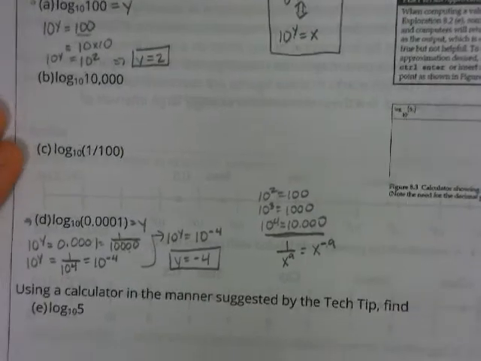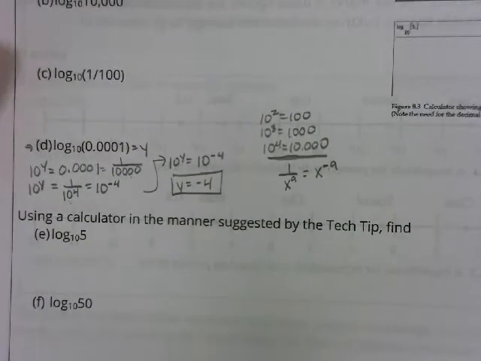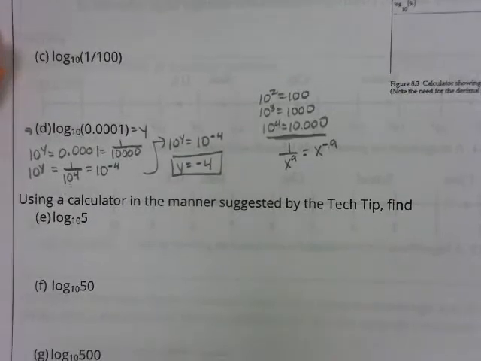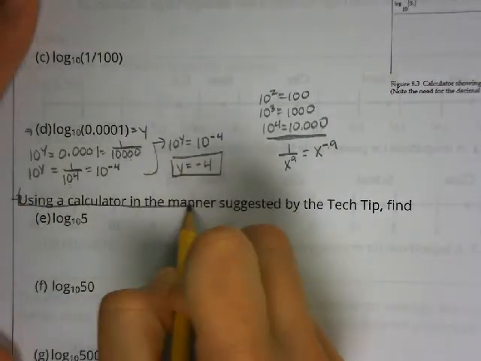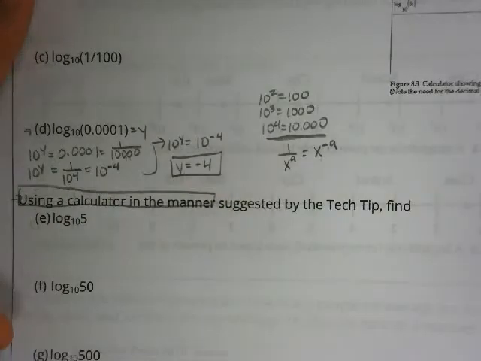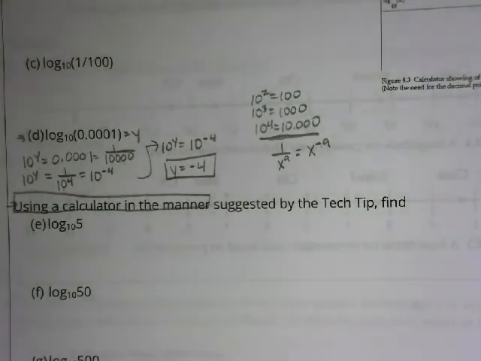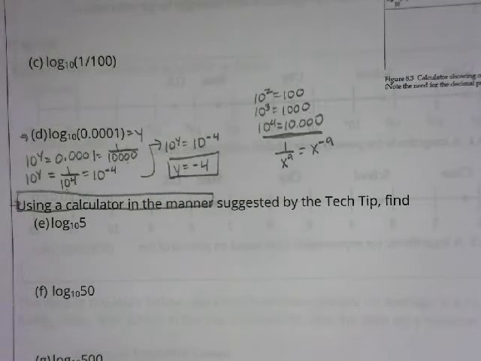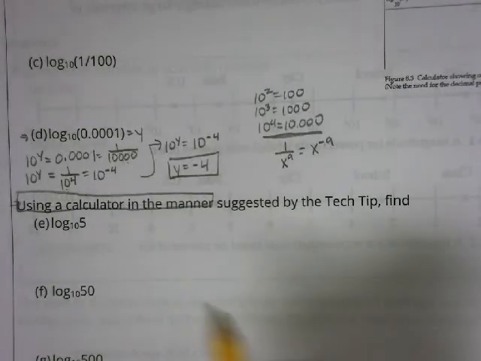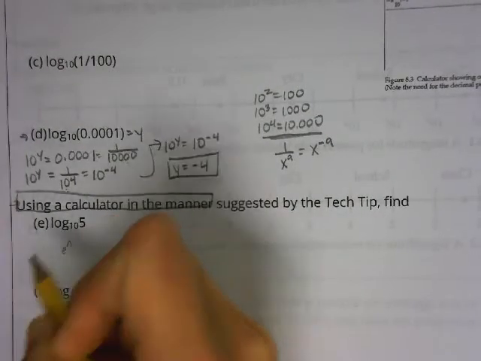I'll move on and do these examples here. So here we're allowed to use a calculator. We're allowed to use a calculator for these examples. So in your calculator, there's a button that looks like e to the x, I believe.